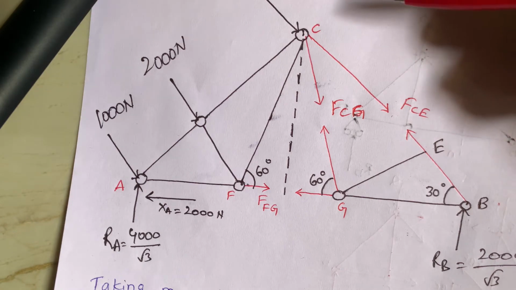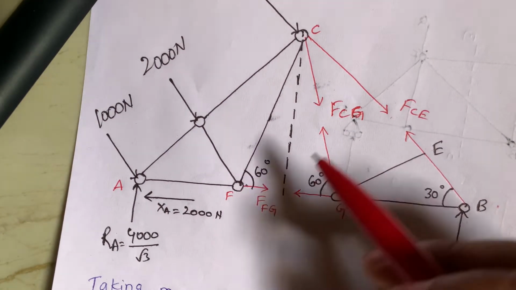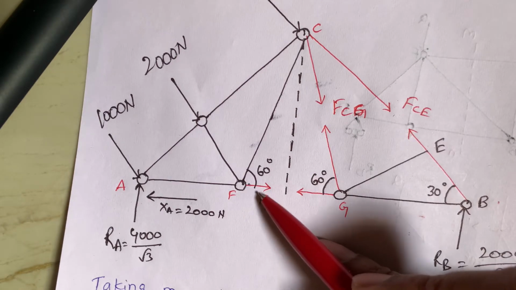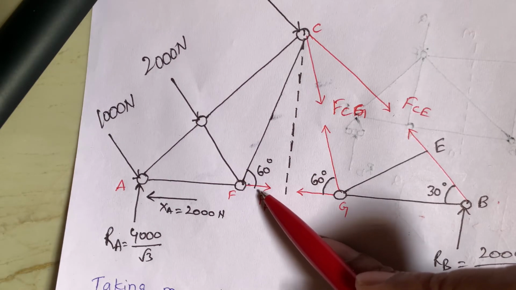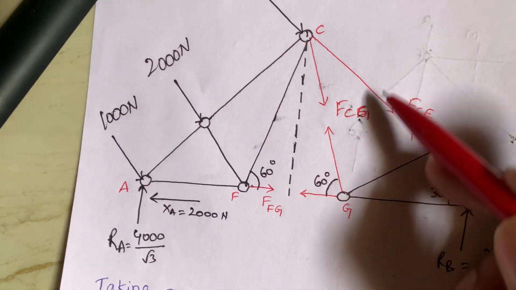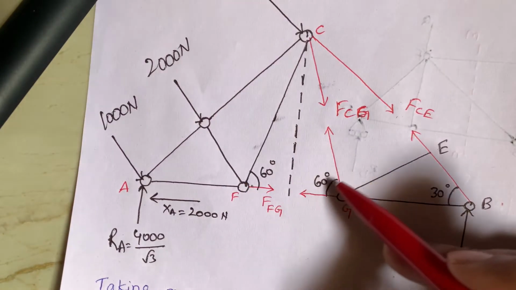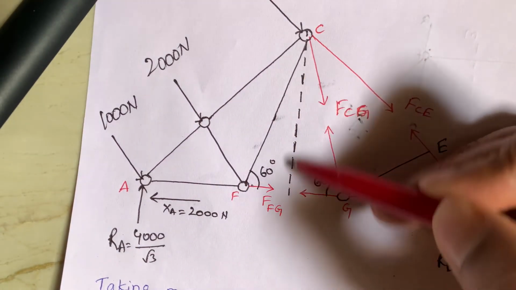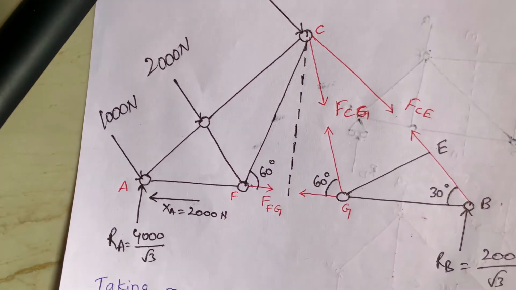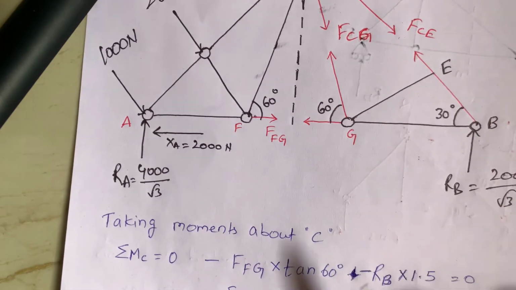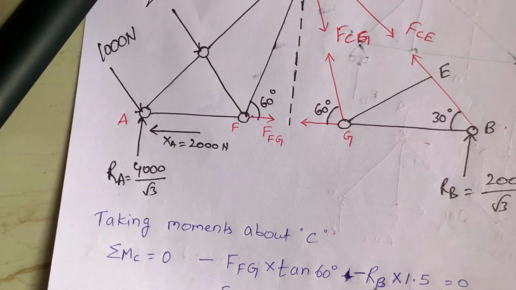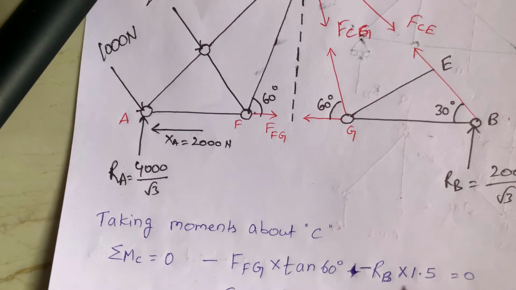FFG, here it is force for this point C. FFG, here it is minus. Why? Because this is anti-clockwise. Here I am taking anti-clockwise as negative. So FFG into perpendicular distance. This is 60 degrees and this is tan 60, minus FFG into tan 60, and next minus RB into 1.5.